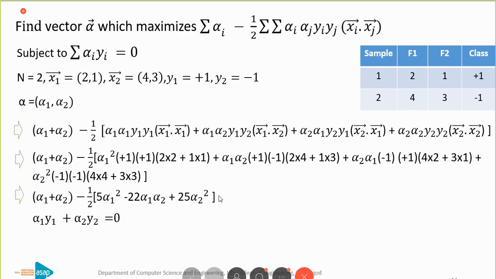Now let us substitute into this condition. You put the summation alpha 1 y1 plus alpha 2 y2 is equal to 0. Now you put the value of y1 as +1 and y2 as -1, so the expression becomes alpha 1 minus alpha 2 equal to 0.